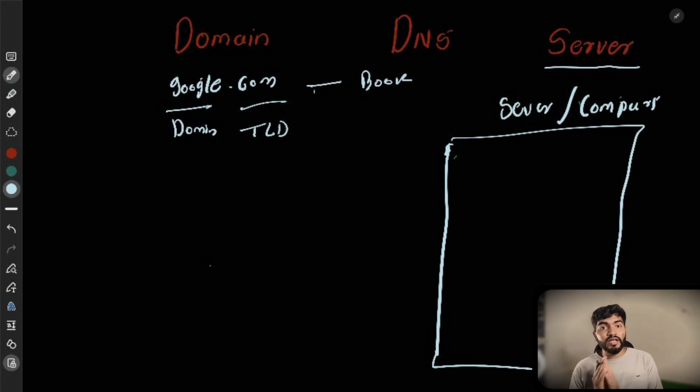But the very familiar option is Ubuntu, so we are going to stick with the OS Ubuntu. Okay, now what is the difference between your computer and the server? First thing, obviously the OS is different. On your computer you might be using Windows or Mac, but on the server we are going to use Ubuntu. We have freedom to choose any OS, but we are going to use Ubuntu.